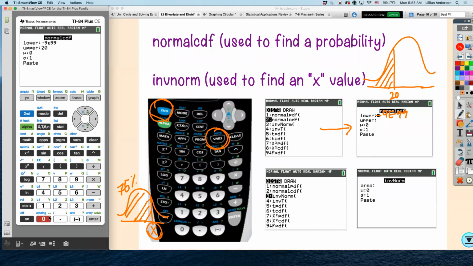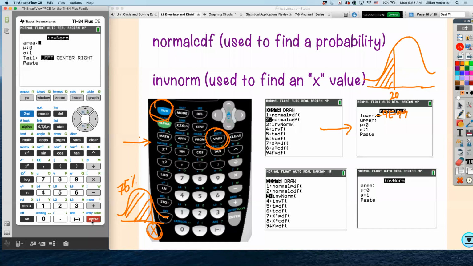For inverse norm, as you guys notice, this is a newer calculator. This picture came from my old calculator, which didn't have the option of picking what side of probability I was given. But when I go to inverse norm now, I have one of the fancier ones, which lets me tell the calculator which tail I want to pick.